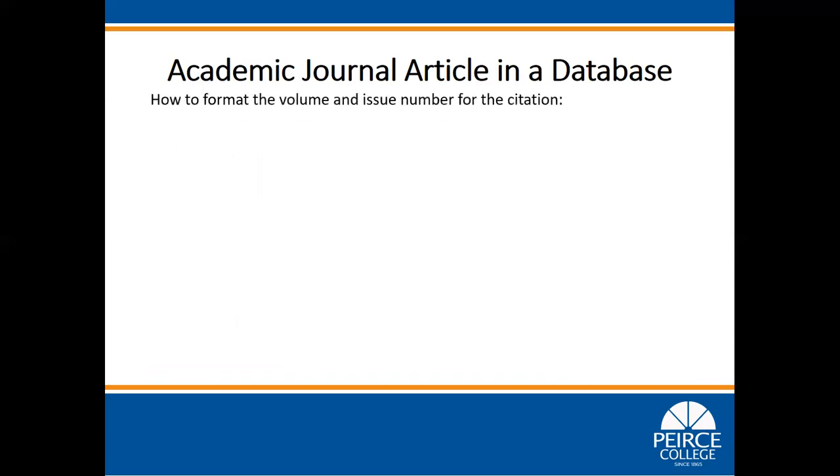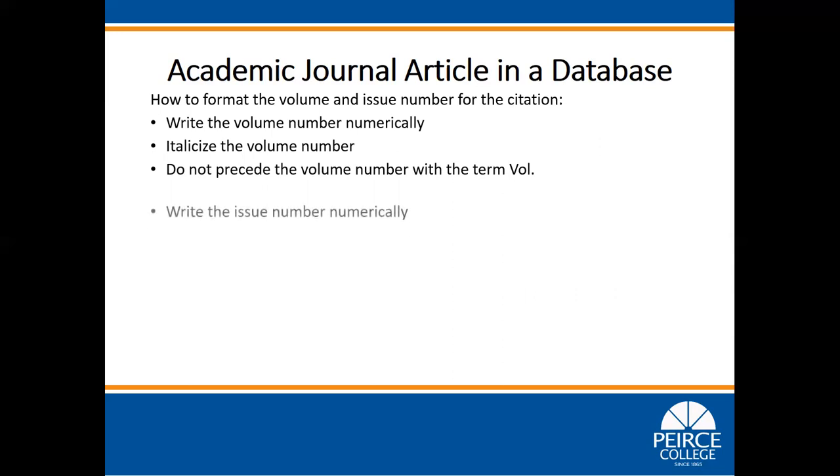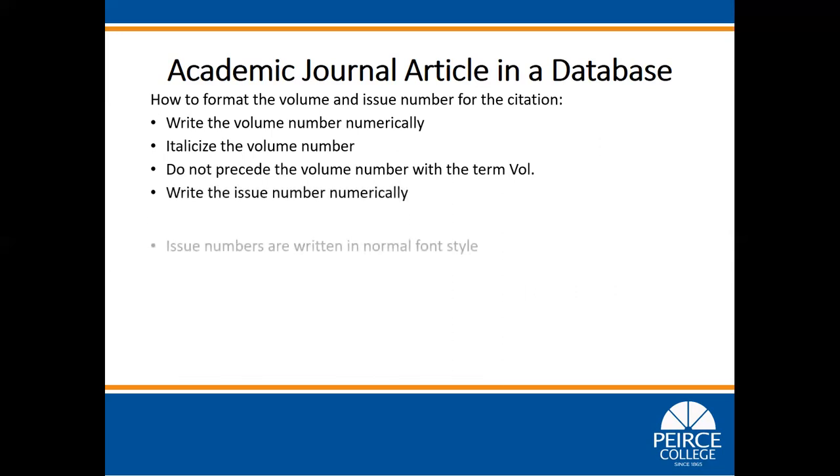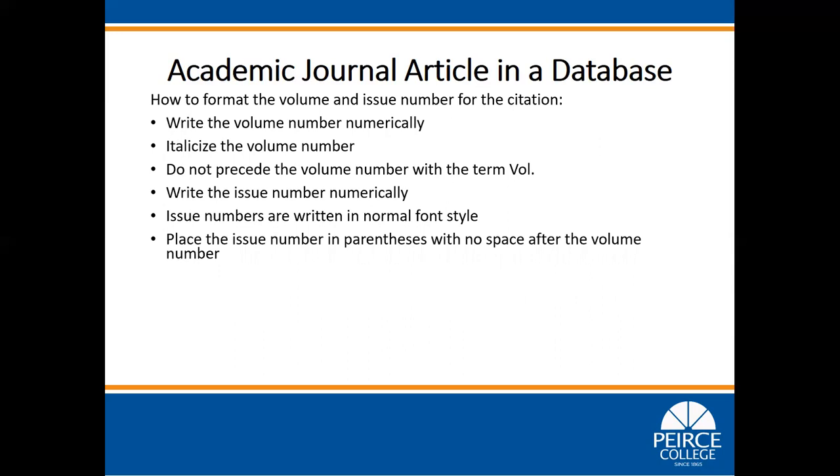How to format the volume and issue number for the citation. Write the volume number numerically. Italicize the volume number. Do not precede the volume number with the term VOL. Write the issue number numerically. Issue numbers are written in normal font style. Place the issue number in parentheses with no space after the volume number.